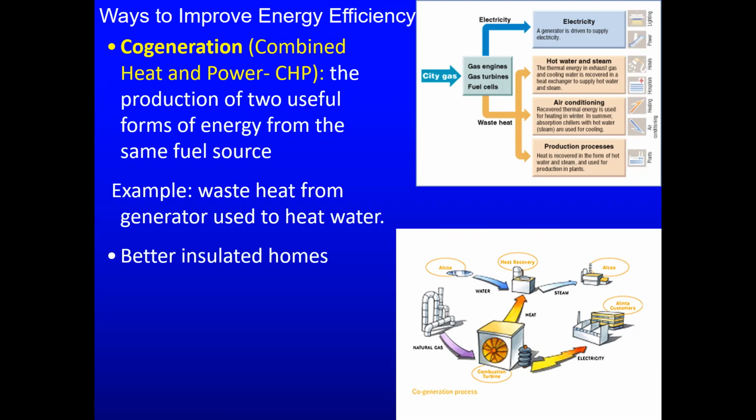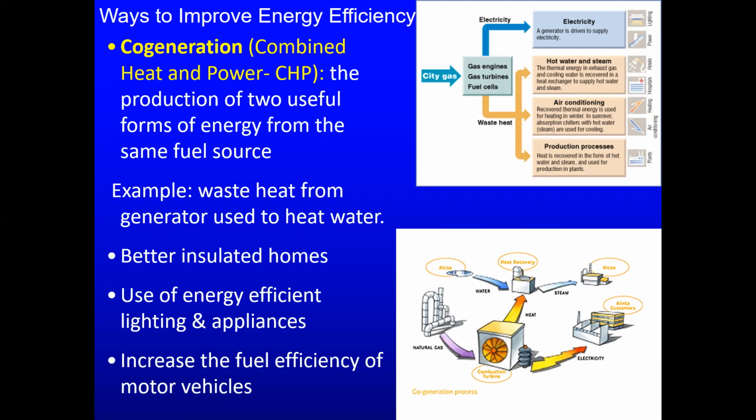So other ways to improve your energy efficiency: better insulate your homes, you know, better windows, roofs, etc. Use energy efficient lighting and appliances. For years, decades, with our appliances, no one ever worried about how much electricity they were using even when they were turned off. So now we're looking at those things. And then, of course, looking at our cars and how we can replace our fossil fuel driven engines with better cars.